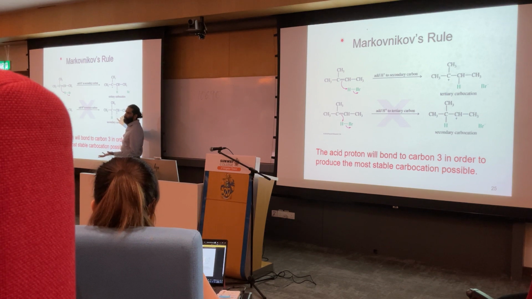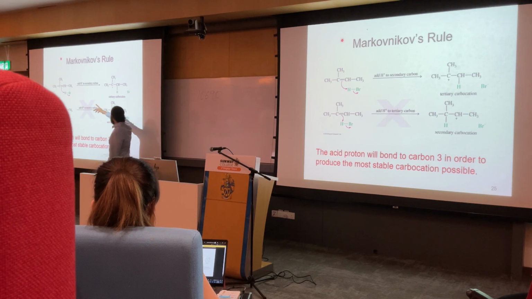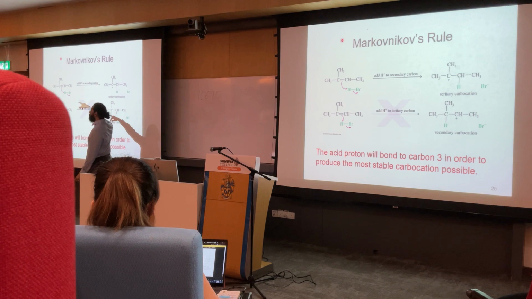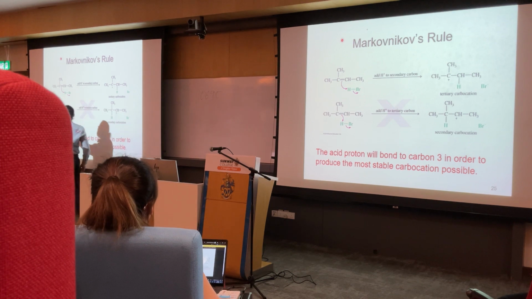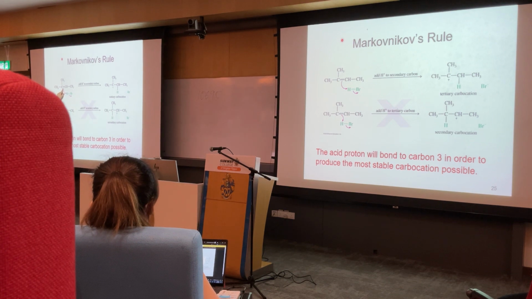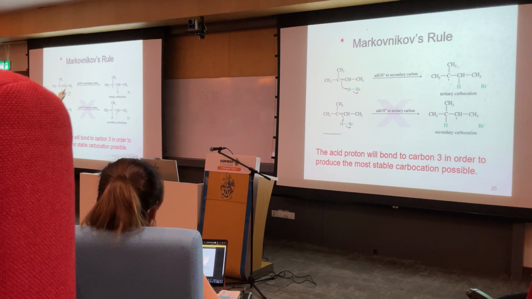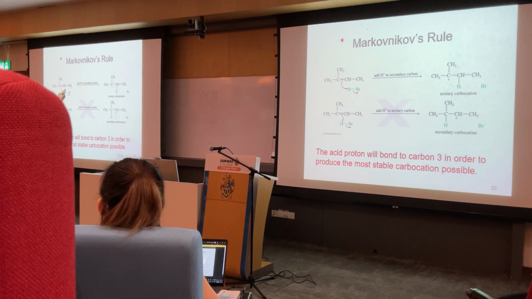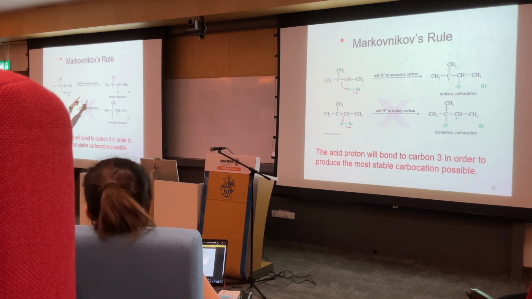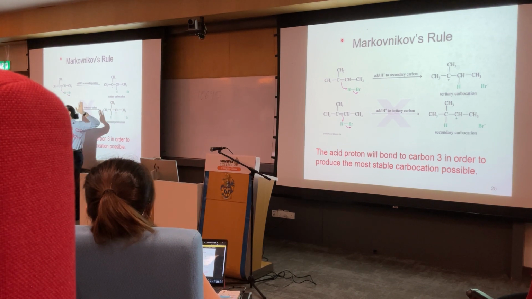And hence we have to follow this rule, which tells us to put hydrogen on the carbon which already has a higher number of hydrogens. That's how you can see it. This carbon does not have any hydrogen, while this carbon has one hydrogen. So you can make up your mind easily. Just add hydrogen here. Then you will get the right carbocation, and then you will get the right product.